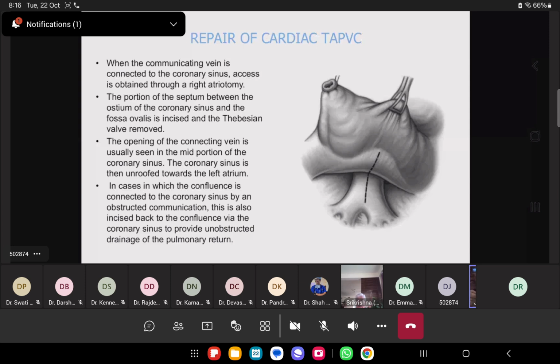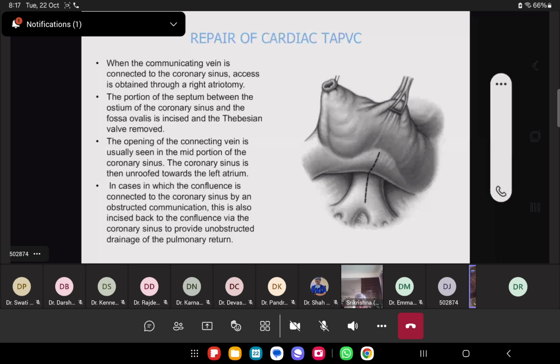Then the other thing, the classical intracardiac type. There's another trans-atrial approach in which you open the right atrium from the atrial appendage up to the inferior vena cava, take stay sutures, then you see the ASD, you enlarge the ASD vertically and take sutures. Then you see the posterior wall of the left atrium.